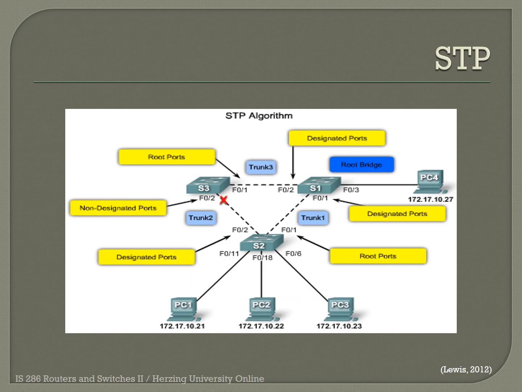Again, these ports will never be blocked. Also, notice that the ports on S1 that the two root ports are connected to are configured as designated ports. Finally, notice that F02 on S3 is configured as a non-designated port and is therefore in a blocking state.